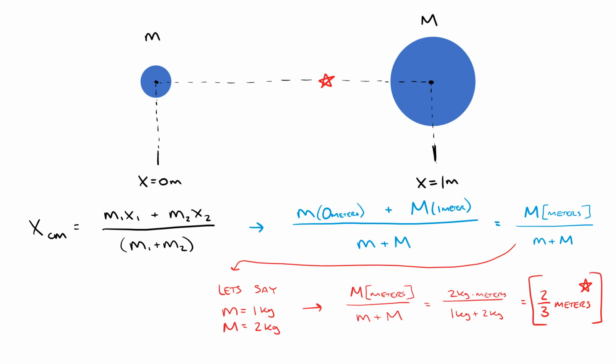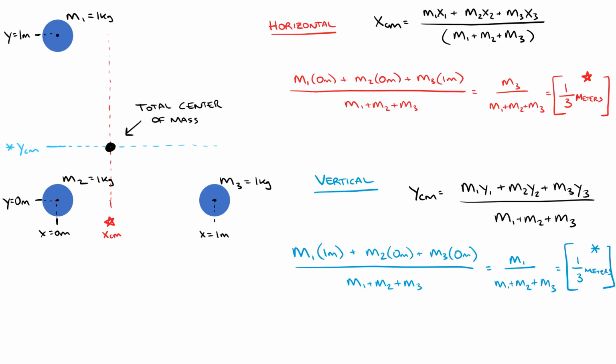Okay, very general example. What if I have a bit more masses? What if I have not two things, one big thing, one small thing, what if I have three things that are in a weird shape?